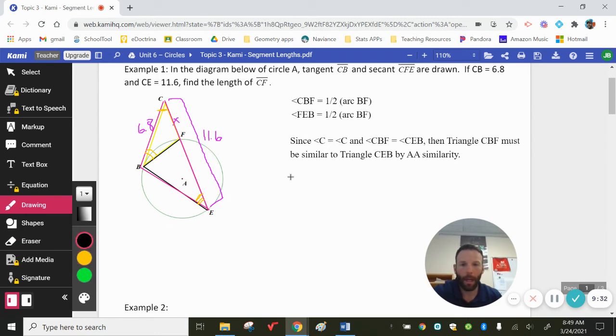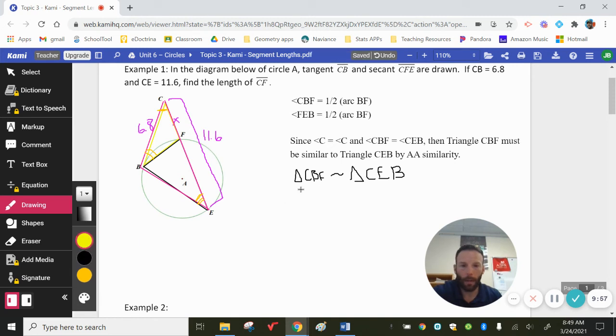Well, if I know that the triangle CBF is similar to the triangle, now I have to be careful here, C corresponds to C, and the B that's in yellow corresponds to the E that's in pink, and last, CEB is the name of the big pink triangle.